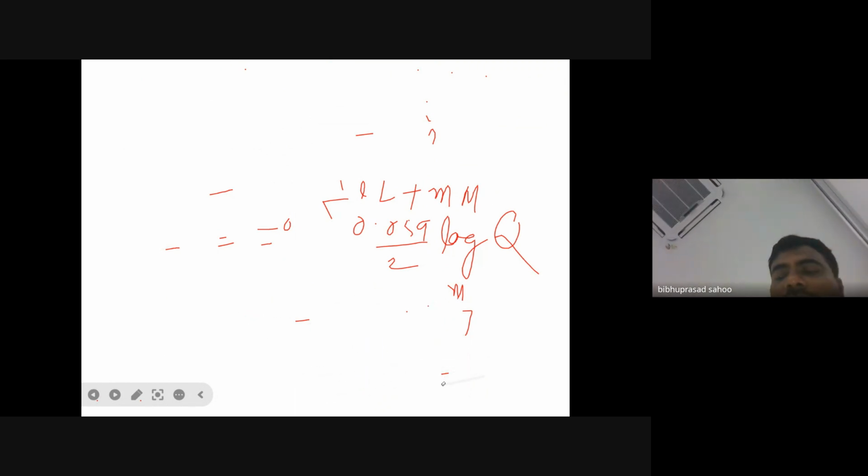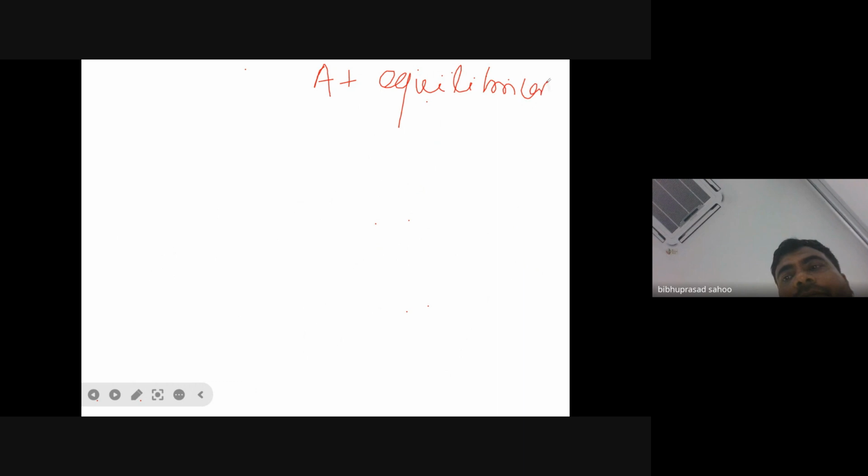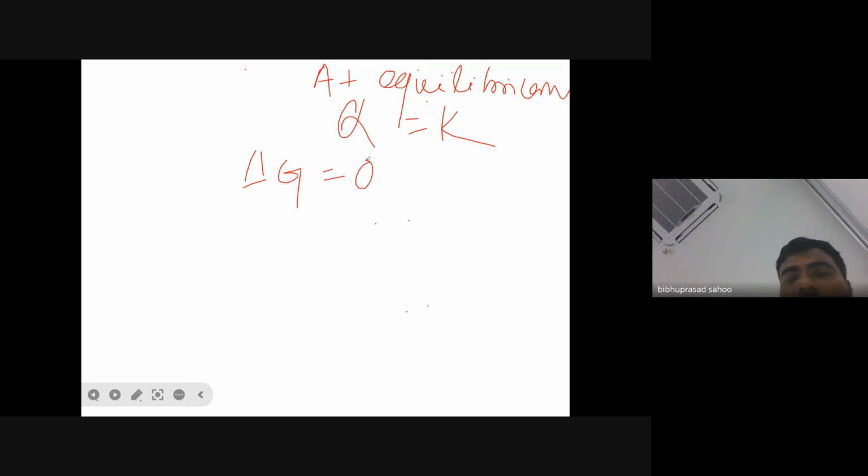At equilibrium, there is no output. You have to remember these two things. At equilibrium, Q equal to K, delta G equal to 0, and E cell equal to 0.